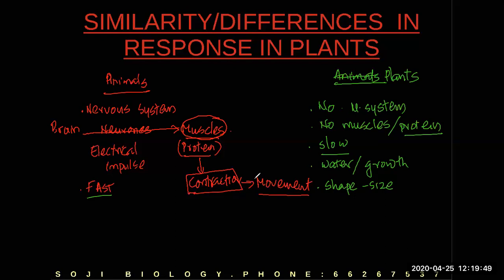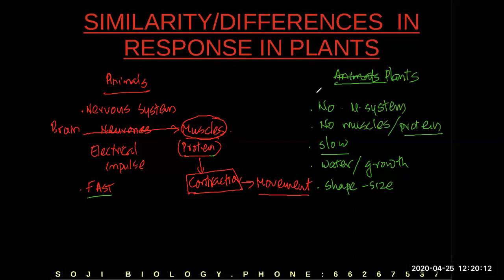And in the case of animals, it's fast and more efficient, and it has a nervous system, it has a brain, it has neurons, it has muscles, and these muscles contract with the help of these proteins. Those proteins make the muscles smaller, and that causes the movement. But in plants, those proteins are absent.